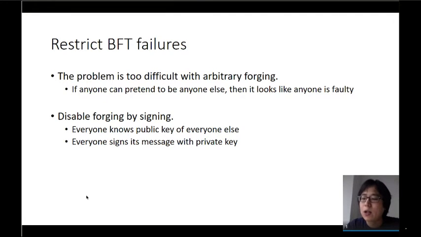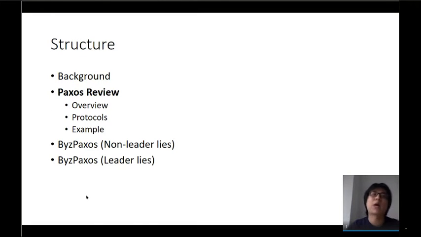There are lots of optimizations that can be done here to make this process faster, but we're not going to cover that today. We're only assuming that a message cannot be forged. Someone cannot pretend to be another one. So, okay, we are now done with the background.